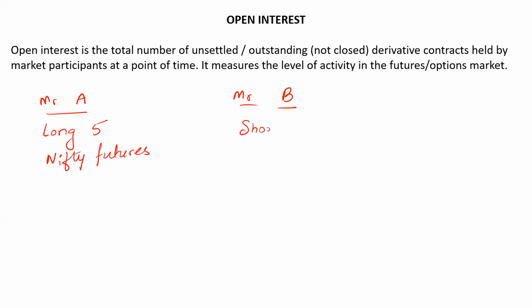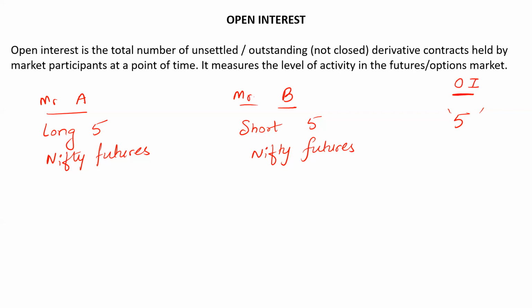He is going short on 5 Nifty futures. These two people have not closed their positions, they are still open. So how many contracts are outstanding or remaining, or they are not settled, or people have not closed their positions? There are 5 such contracts. So the open interest is 5.